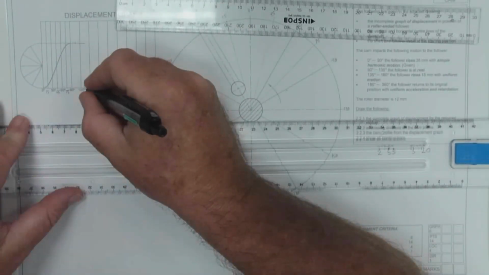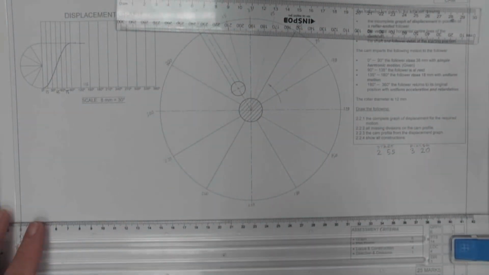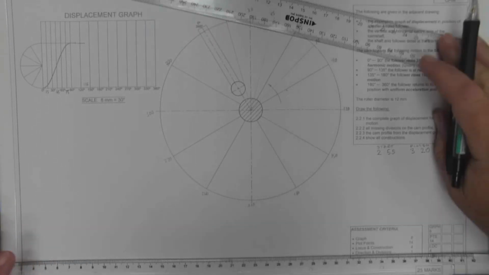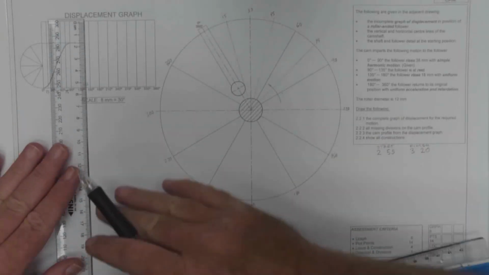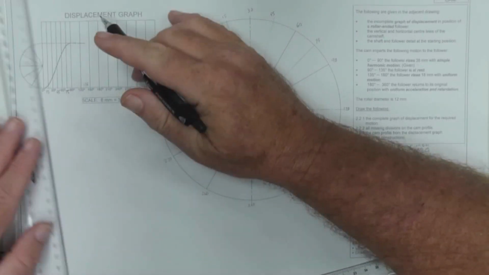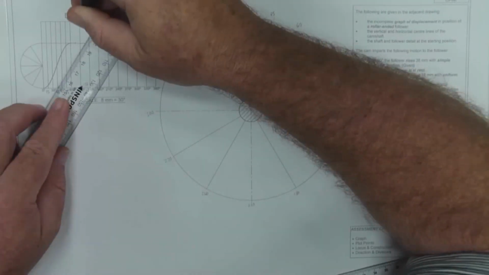Okay, so there's 135. From 135 to 180 it rises 18. So at 180, that's to the top of this graph. So there it's going to go straight up like that.